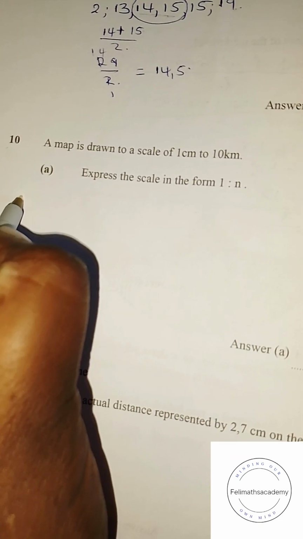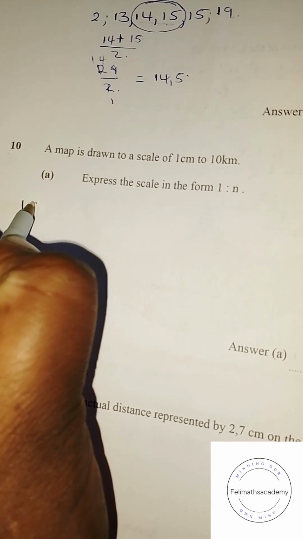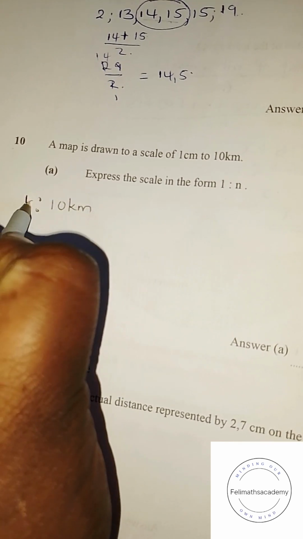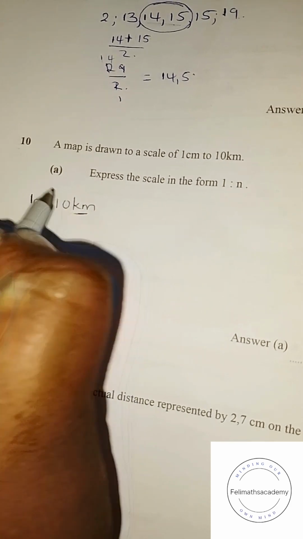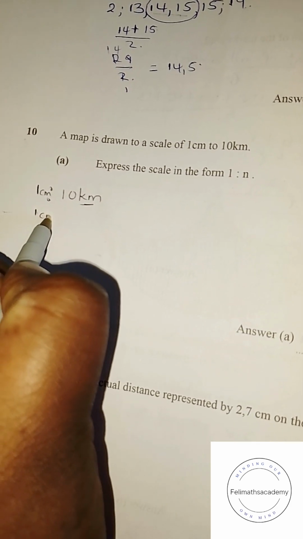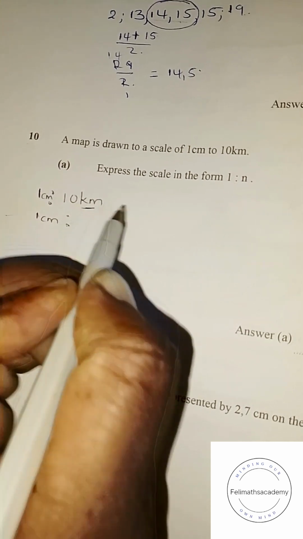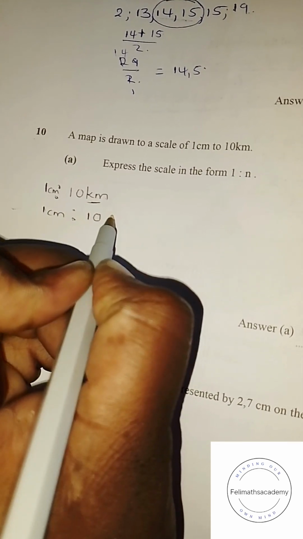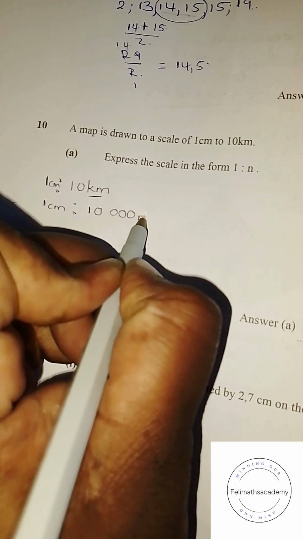So it's drawn to scale of 1 centimeter to represent 10 kilometers. So we convert this 10 kilometers to centimeters. 10 kilometers to meters is 10,000 meters.